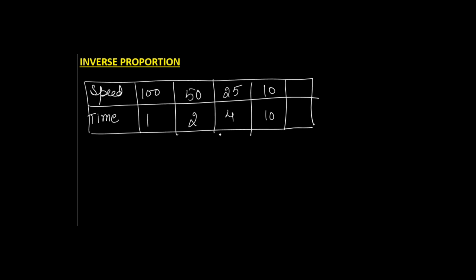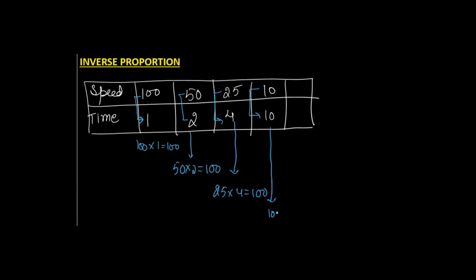Okay, now what do we see here? That if we multiply 100 and 1, we get 100. When we multiply 50 and 2, we again get 100. When we multiply 25 and 4, again we get 100. And when we multiply 10 and 10, we again get 100.